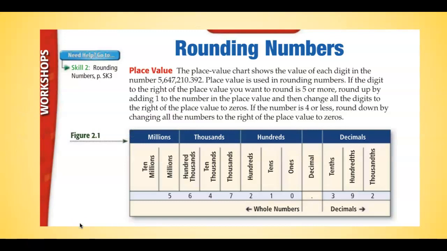So first let's look at place value. The place value chart shows the value of each digit in the number 5,647,210. And then on the other side of the decimal is 392 thousandths. So it's really important that we are looking at this and realizing where the decimal point is.